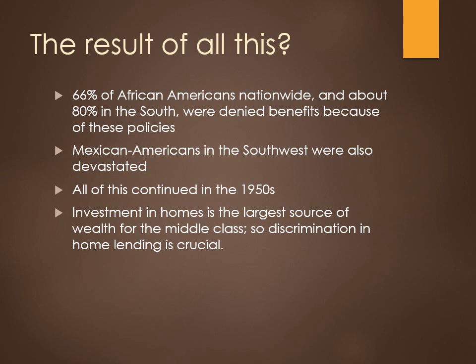You could leave them to your children, but you're denied the benefit of passing on that wealth from one generation to the next. So this is multi-generational. The issue is what is sometimes called intergenerational wealth transfer. And that's something that many, many whites in the middle class have benefited from, but not African Americans.